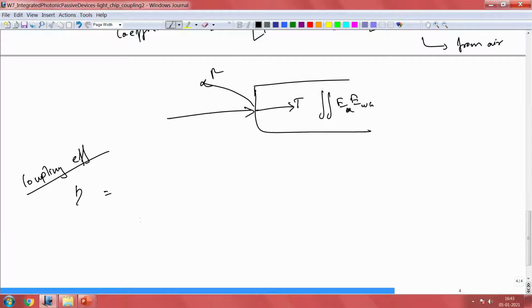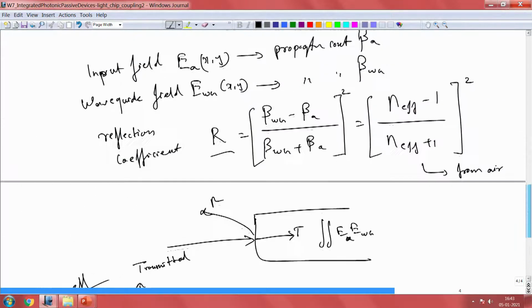So now the coupling efficiency eta is given by the transmission coefficient, right. So we know the reflection here. So 1 minus R is nothing but the transmission. So this is nothing but how much is transmitted. Okay. So this is the transmission coefficient times our overlap integral here.